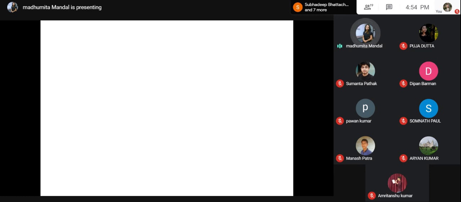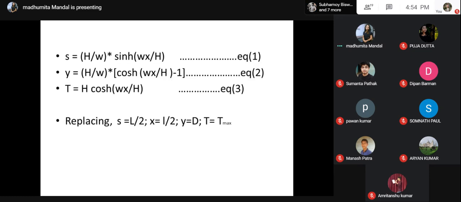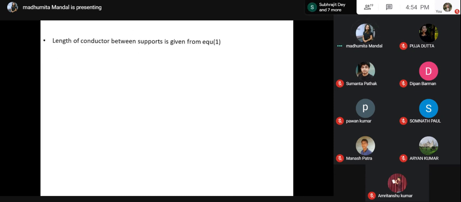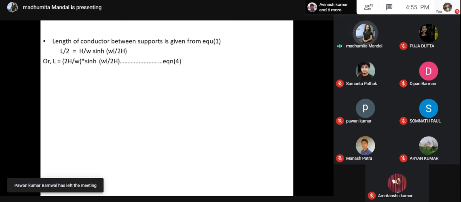For S, we said S is capital L by 2, so L will be 2 into that. So the length of the conductor will be L is equal to 2h by w into sinh omega l by 2h. Here it was omega x by h, so x is replaced by small l by 2, so this has become omega l by 2h.